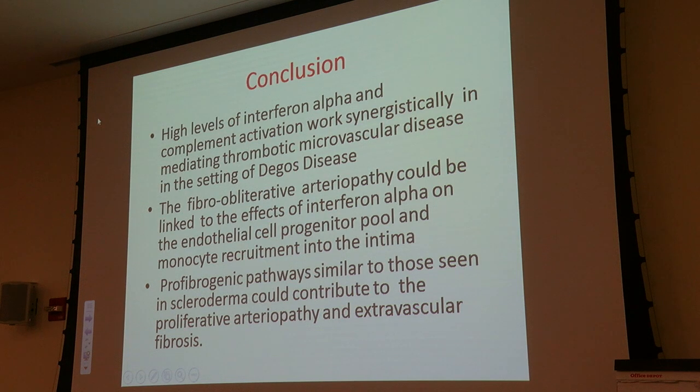The fibro-obliterative arteriopathy could be linked to the effects of interferon alpha and the endothelial cell progenitor pool with monocyte recruitment into the intima, and possibly, and there's nothing really to prove this, but pro-fibrogenic pathways similar to those seen in scleroderma could potentially contribute to the proliferative arteriopathy and extravascular fibrosis. Thank you.